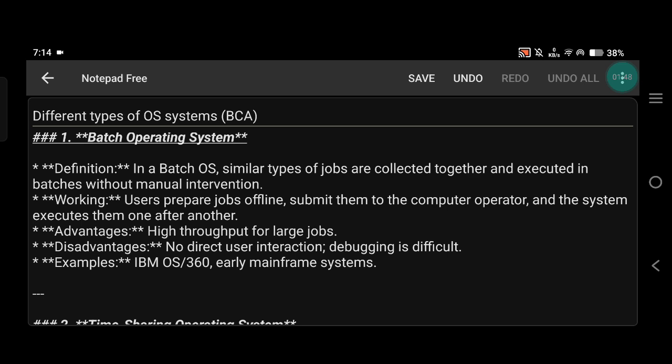In batch OS, jobs are collected, loaded, and executed one after another without user intervention. It's efficient for large jobs but not suitable when immediate results are needed. Early mainframe systems like IBM OS 360 use this method.